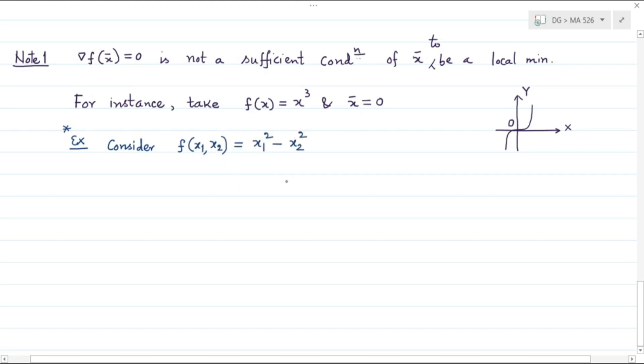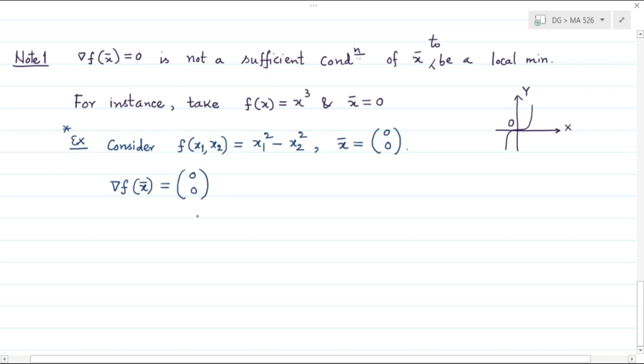Fine. And for this function, if I take x bar to be the null vector, then the gradient value at the point x bar is the null vector, no doubt, right?